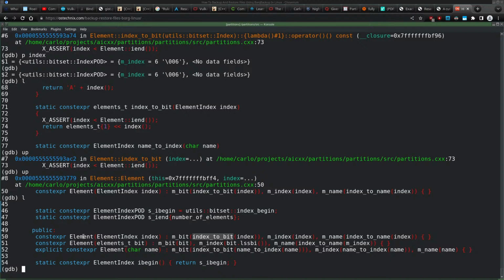Apparently we're trying to construct an element from an index past the end.